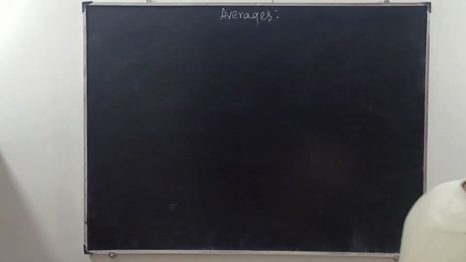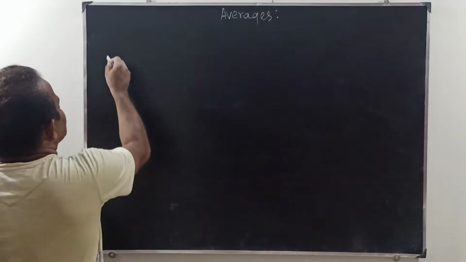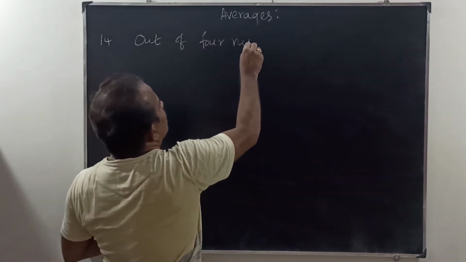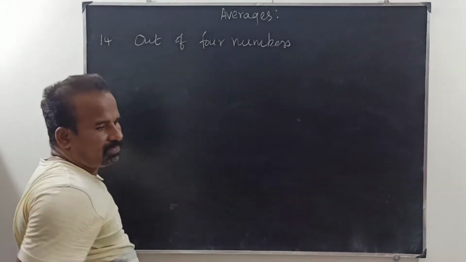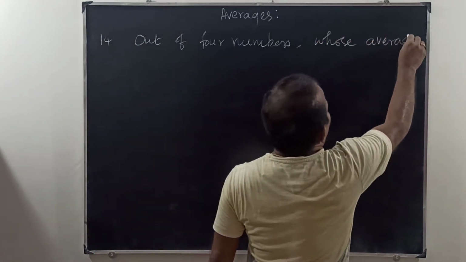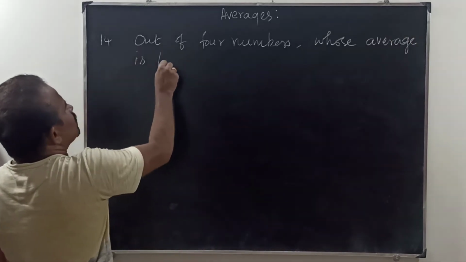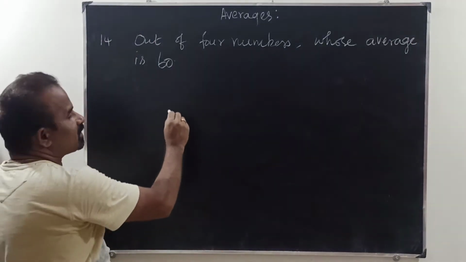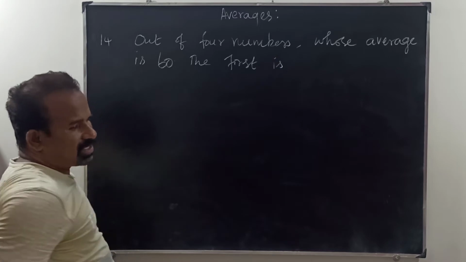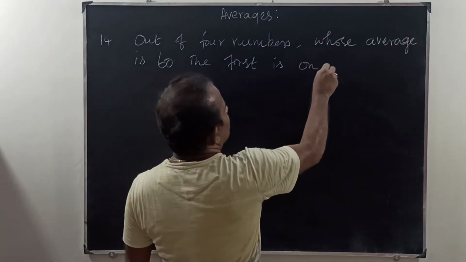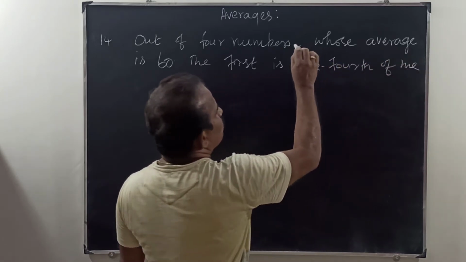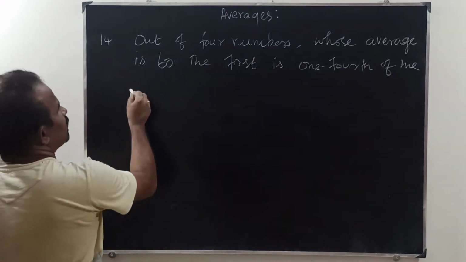Question number 14: out of 4 numbers whose average is 60, the first is 1/4 of the sum of the last 3.